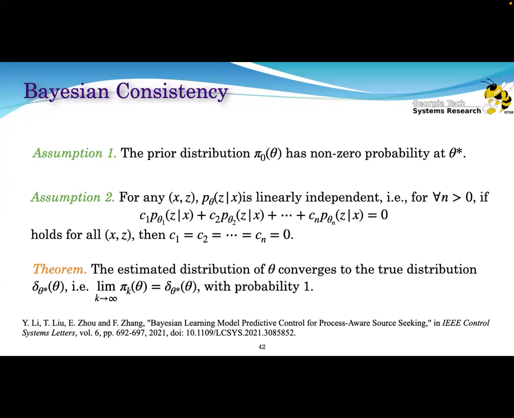Given this set of assumptions, which is much weaker than the independence of measurements assumption, we are able to show that our estimated target distribution will converge to the true target distribution. If beforehand you know the target is over there, with this strategy you will eventually accurately know the target is at that location. You wouldn't search the wrong place. We can show this theoretically, and this involves some deeper math and deeper tools. For details, you can look at our paper.